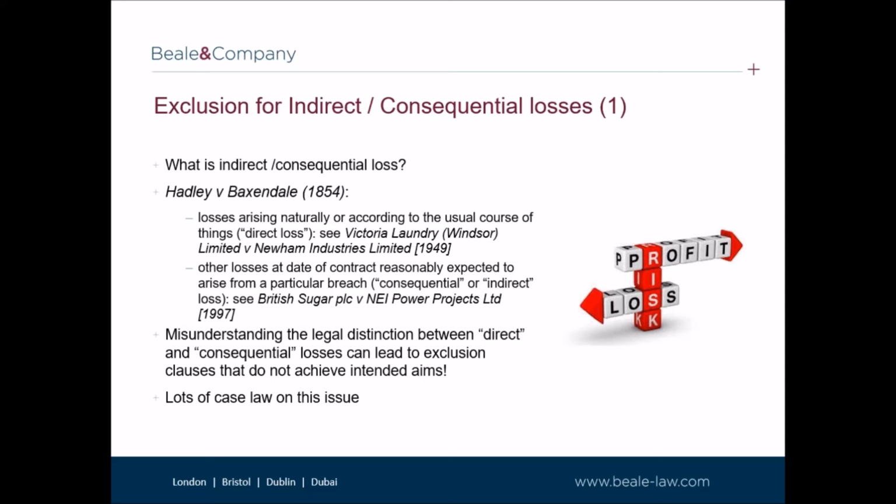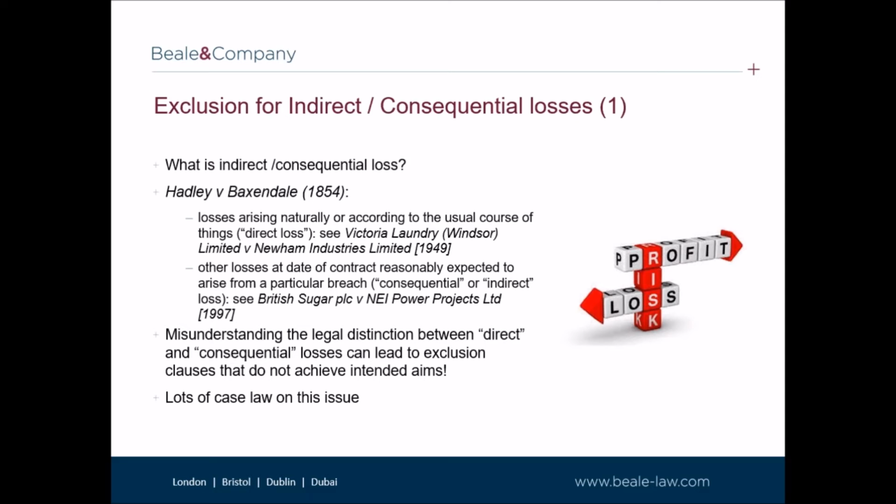The term, I think, is commonly misunderstood, partly because consequential loss is a classic case of words not bearing the dictionary meaning in a legal context. As Simi has mentioned, under the rule in Hadley and Baxendale, a person who breaches a contract is generally liable to the innocent party for any loss that falls within one of two limbs.